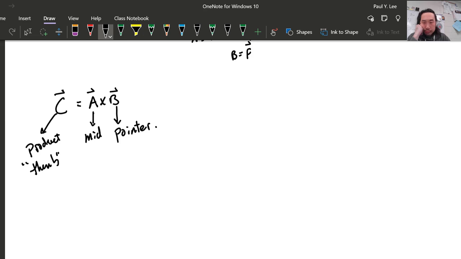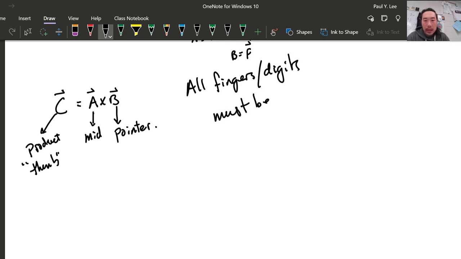The other important thing is that for the cross product, when you're using the right hand rule, all fingers and digits must be at a right angle. The other important thing is we will always use our right hand.